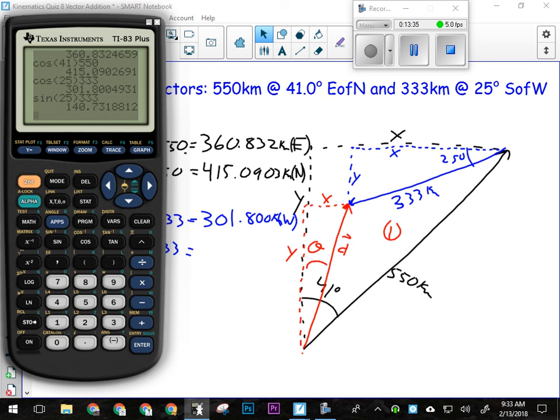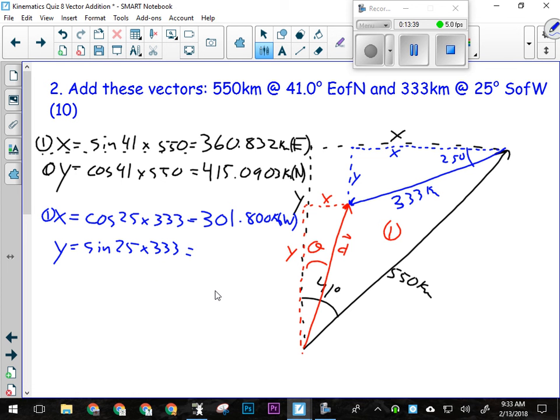It's 140.7319 kilometers, and that is going to be south. 1 mark for that. So we're up to 5 marks already.